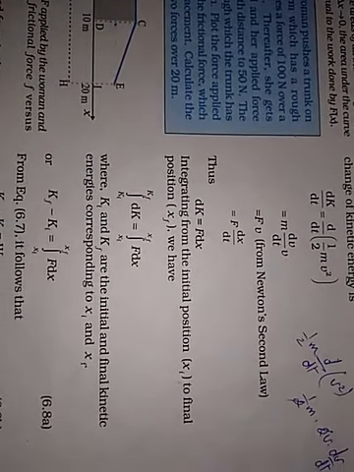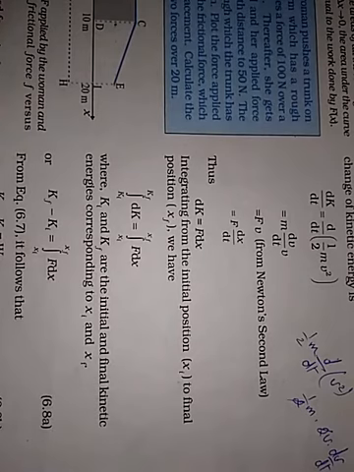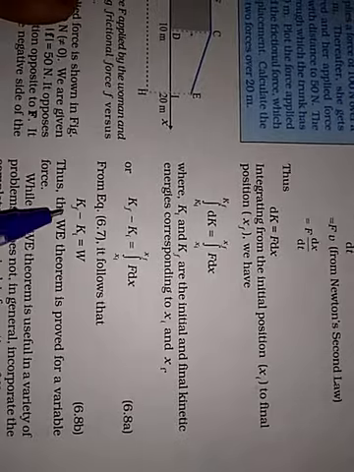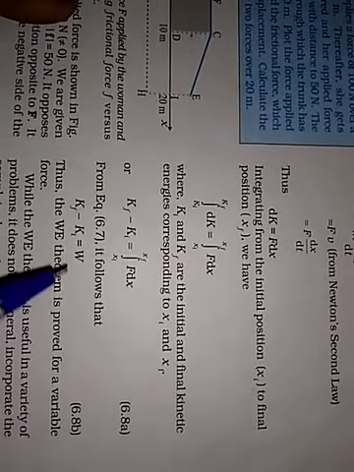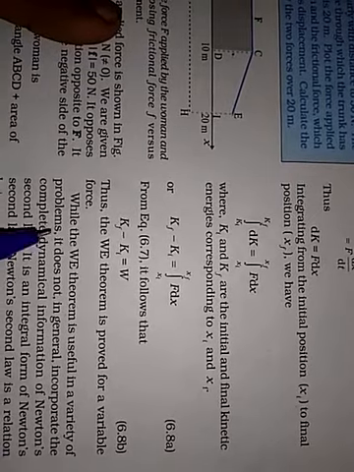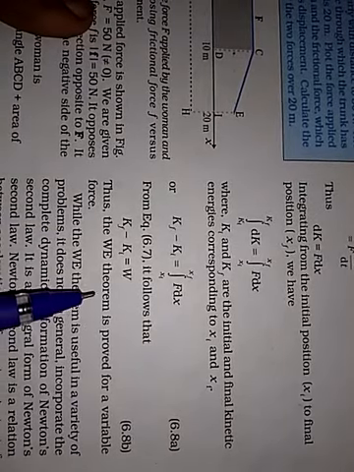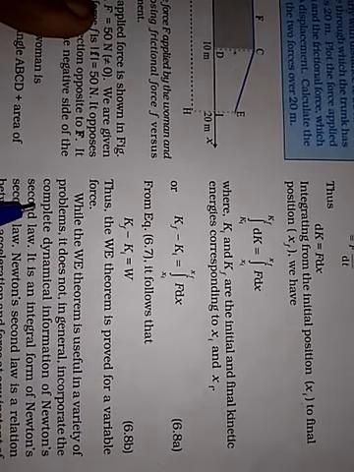So this is nothing but the work energy theorem. Thus the work energy theorem is proved for a variable force. So work done is equal to final kinetic energy minus initial kinetic energy. Thus the work energy theorem is proved for a variable force.